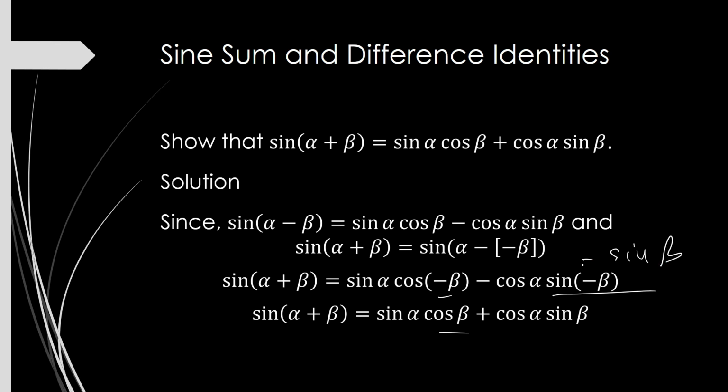But you know what's going to happen with this negative and this operation? It's minus negative, so it's going to turn the operation into addition. So this is our sum of angles identity for sine. Sine of alpha plus beta is equal to sine of alpha times cosine of beta plus cosine of alpha times sine of beta.